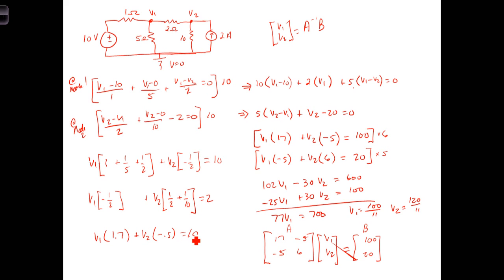And then on the second equation, we've got V1 times a negative 0.5 plus V2 times 1/2 plus 1/10, which is 0.6, equals 2. And once again, you can now solve this either by elimination the way we did over here, or you can solve this using your matrix solver or using the solve function on your calculator. That part doesn't matter. You just need to figure out how you're going to solve these.